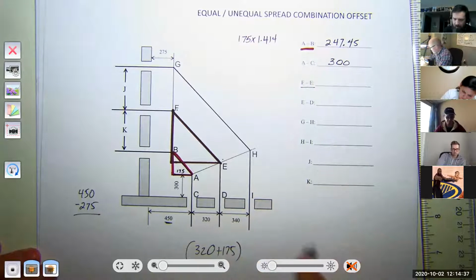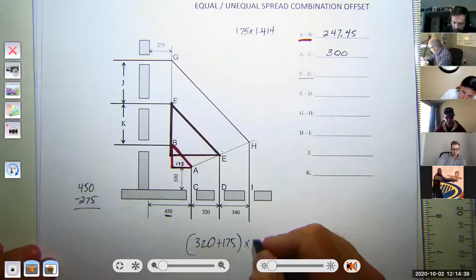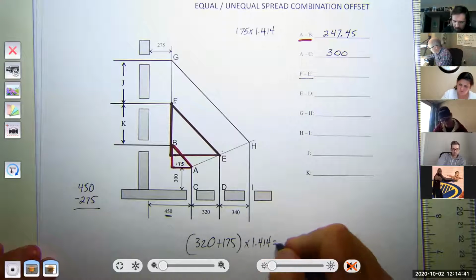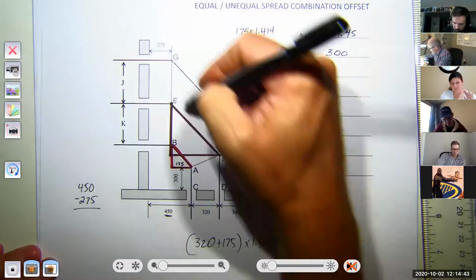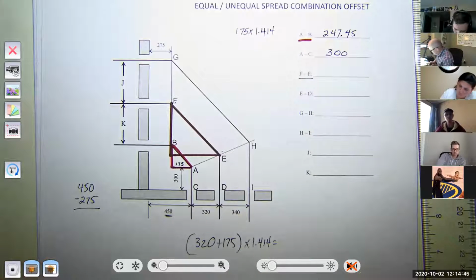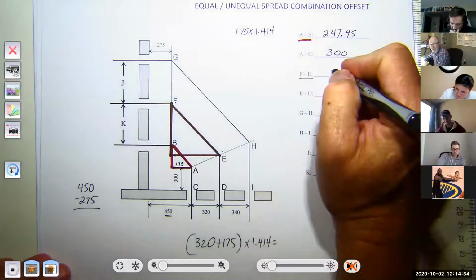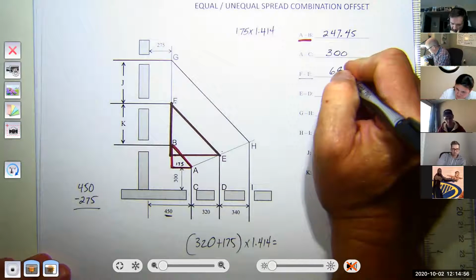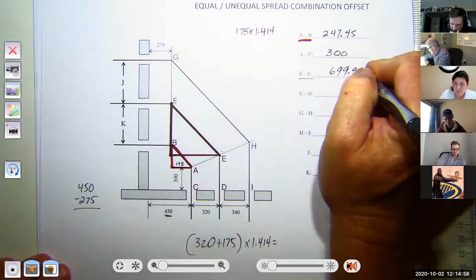And I could take that and times that by 1.414 to get the travel of FE. And F to E is 699.93.